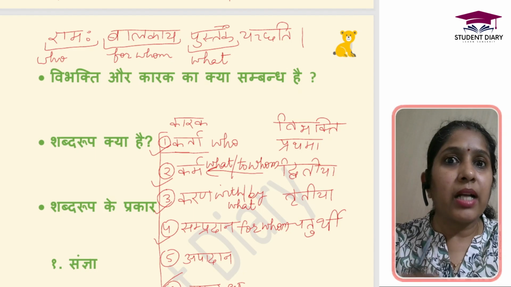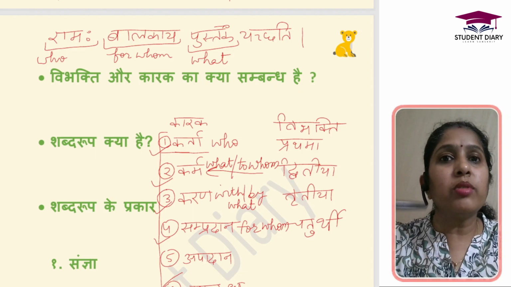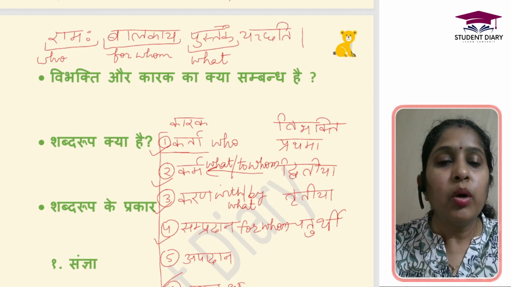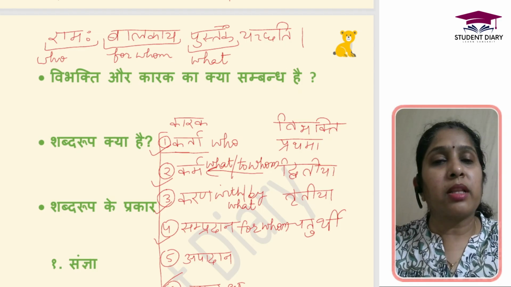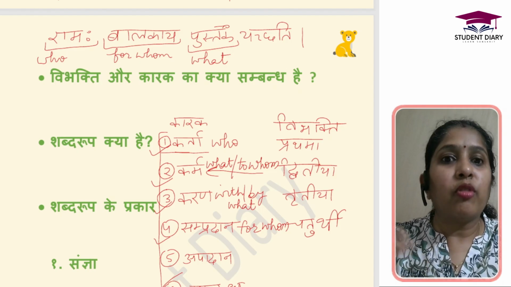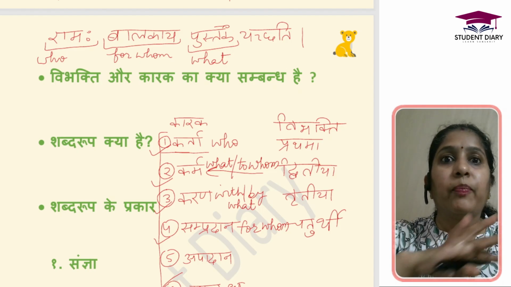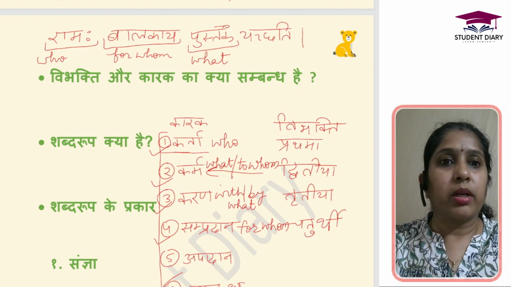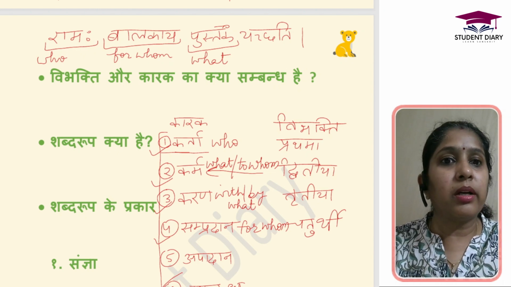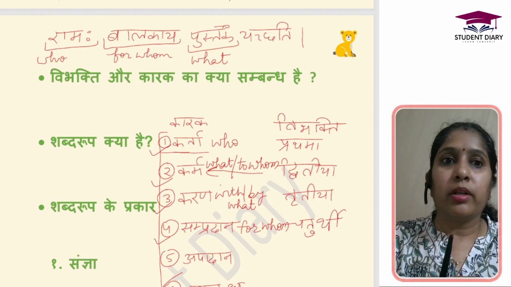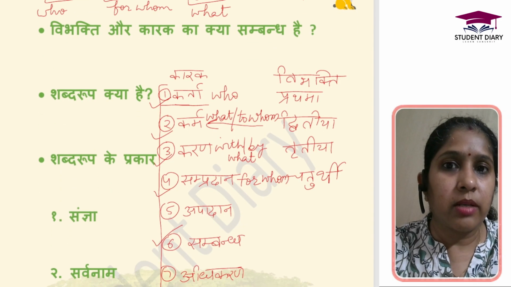If you're getting an answer for whom, you have to use the words of Chaturthi Vibhakti. If you're getting an answer for who, you have to use the words of Prathama Vibhakti. If you get an answer for what, you have to use Dvitiya Vibhakti. So one by one, you have to learn which Vibhakti is going to give you the answer for which question.